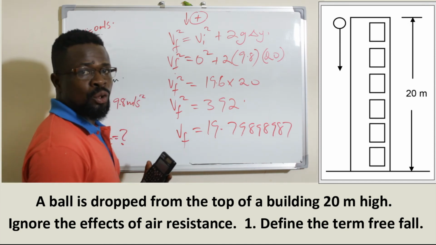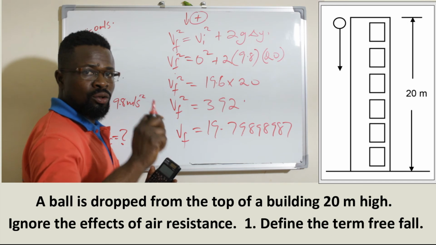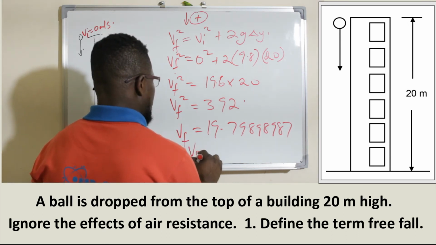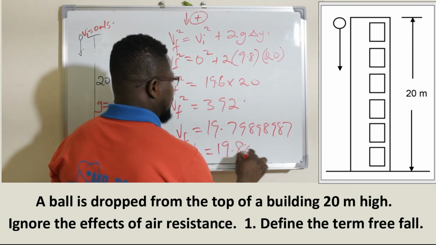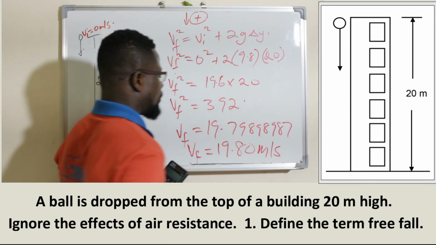But remember, I told you all your answers should be in what? Should be in 2 decimal places. So here Vf is now equal to 19.80 what? Meters per second.